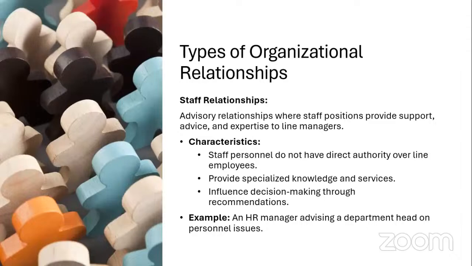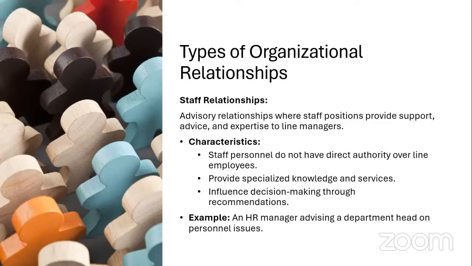Then you have the staff relationship. It is an advisory relationship where staff positions provide support, advice, and expertise to line managers. In simple terms, you could call it a professional relationship among managers.